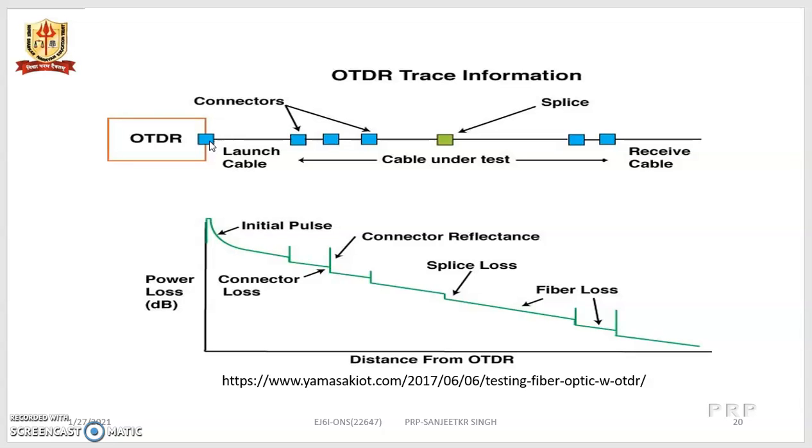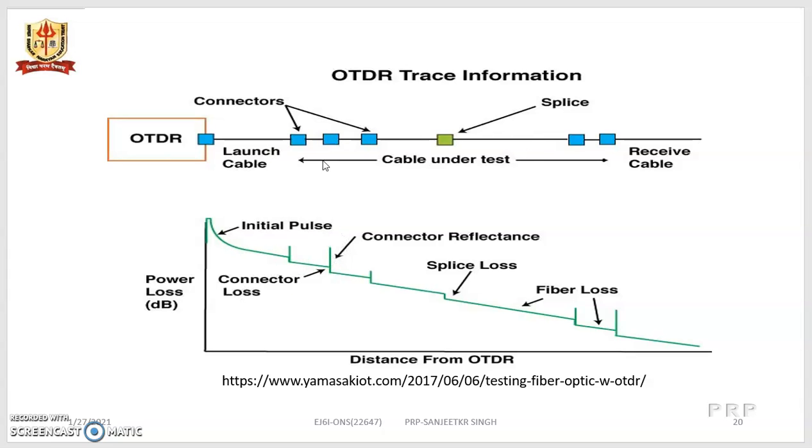Using a connector or coupler we are launching it into the cable, and there are connectors, there is splicing, then connectors at the receiver end. From these connectors, or even as it is launched, we can see the initial high pulse here, which gives the power loss, and it is gradually decreasing as it travels along the length of the fiber.